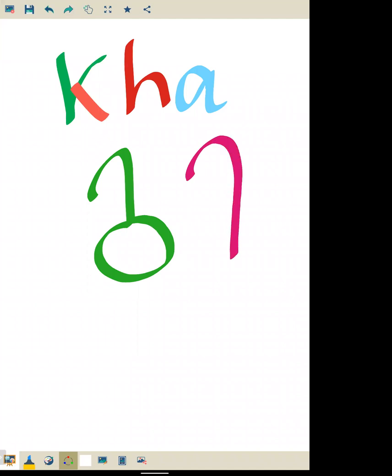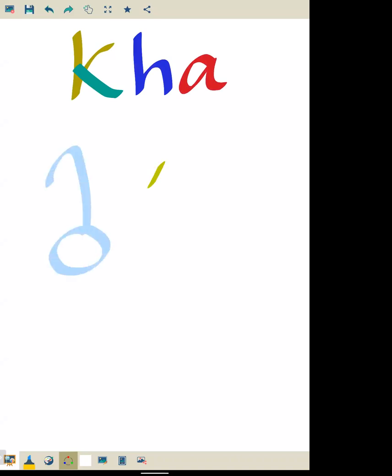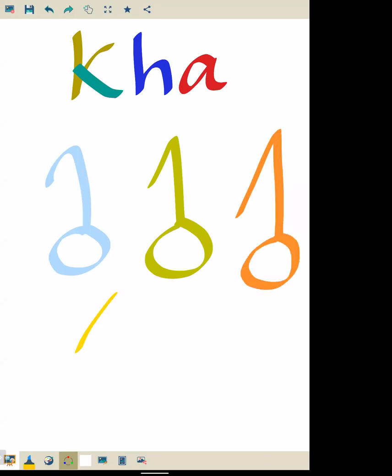There are two types of kha. So how can we add the vowel signs to the kha? After that, I will send you one file, so that will help you.